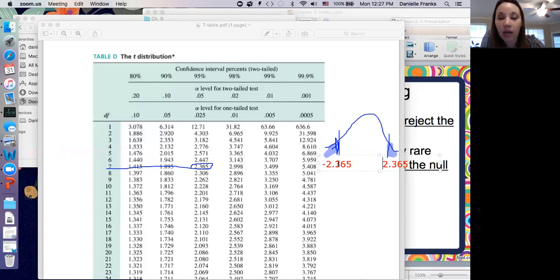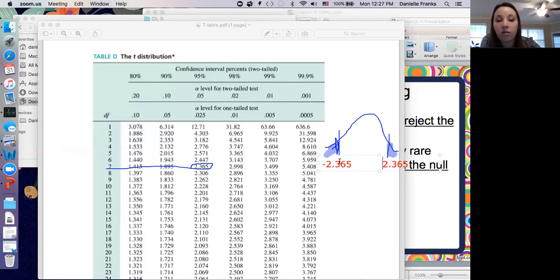Likewise, if we get a sample mean from our Dorito example that is negative 2.365 or less, so over here, we're also going to reject the null hypothesis because it falls in the rejection region. However, if we get a number that is over here in the middle, we're going to retain the null hypothesis. So that's how this works.